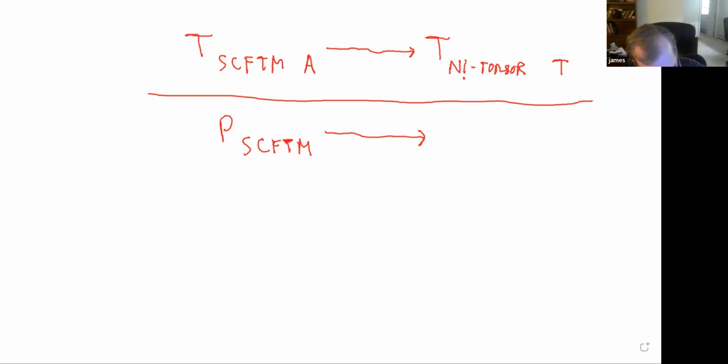I don't know. I mean, you're right. What we're really going to do is take a single object in the category on the left, and we're going to take its concrete prop, the prop of all tensors in that category on that object. So what should I call it?